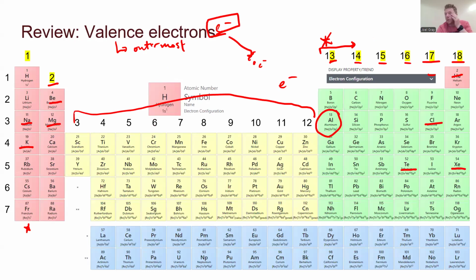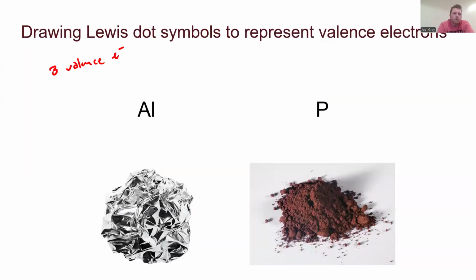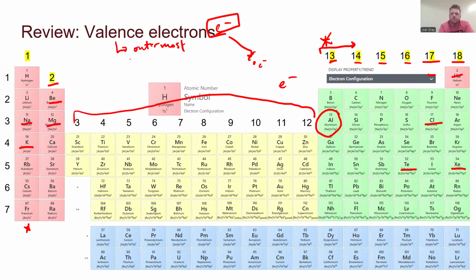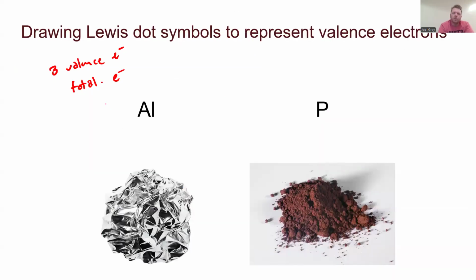Now, how many total electrons does aluminum have? Well, we can figure this out by looking at its atomic number, 13. So it has 13 total electrons. 3 of them are valence. 13 total, but only 3 of them are valence electrons.